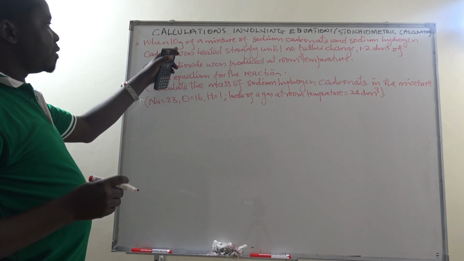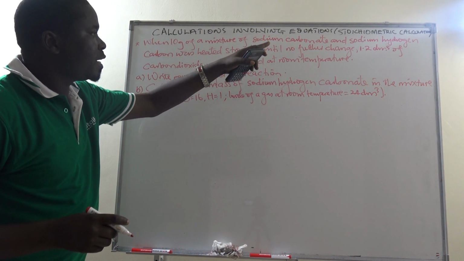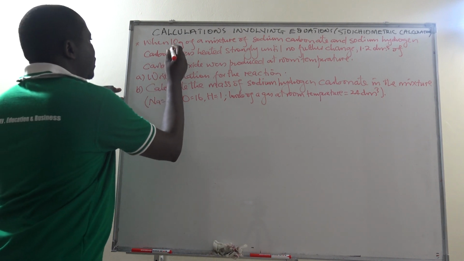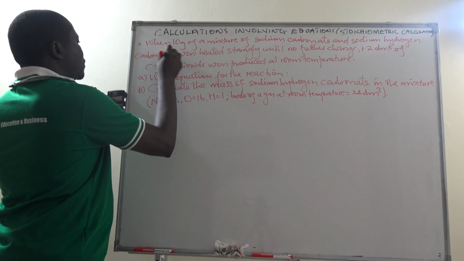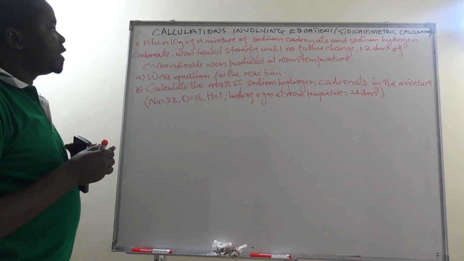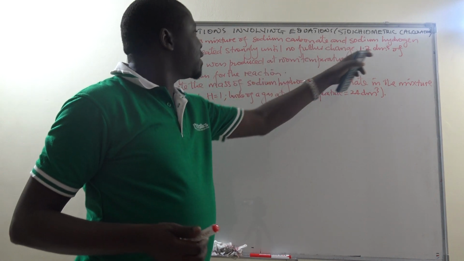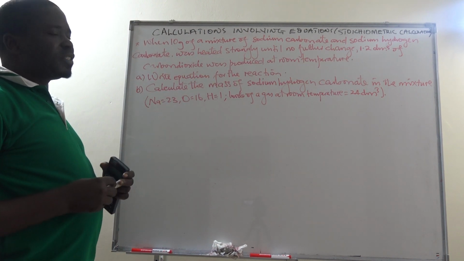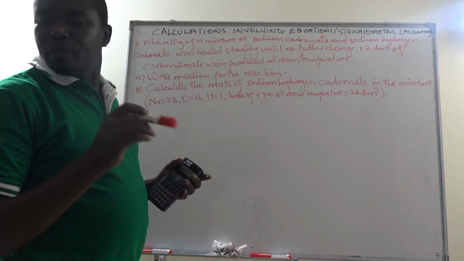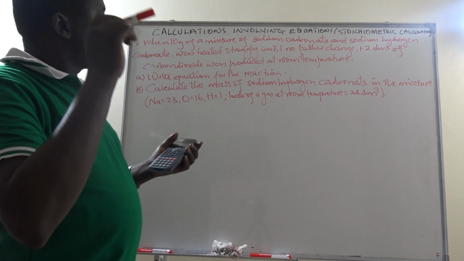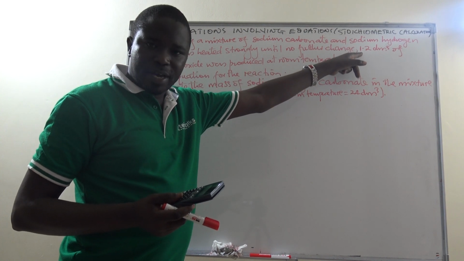So in this question, we have been given a mixture of sodium carbonate and sodium hydrogen carbonate, which was heated strongly until no further change, and they have said that 1.2 cubic decimeters of carbon dioxide was produced at room temperature. So we should write the equation for the reaction. We are supposed to be able to know which substance out of these two decomposes to produce carbon dioxide.